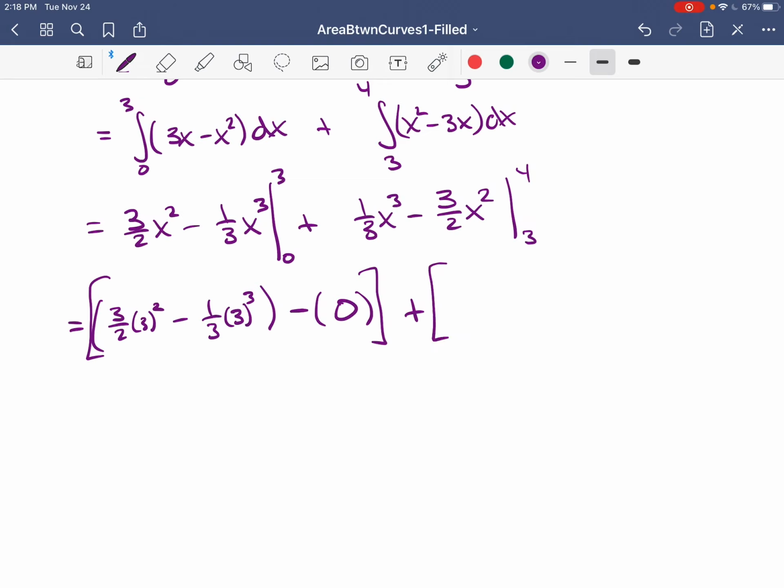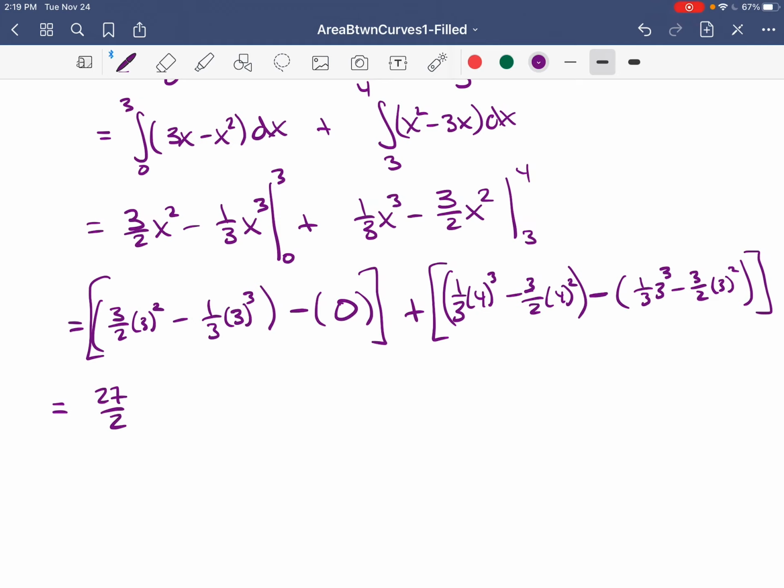Okay, and then the second one, I put in the 4, so 1/3 times 4 cubed minus 3 over 2 times 4 squared, minus, putting in 3, 1/3 times 3 cubed minus 3 over 2 times 3 squared. And that is the answer for the second definite integral. So now I'm just going to expand everything out. So this is 27 over 2 minus 9.